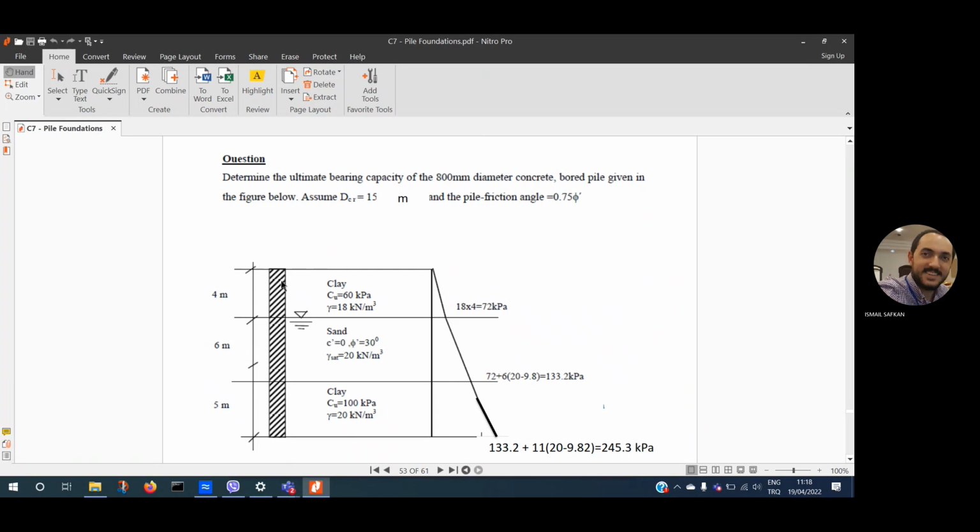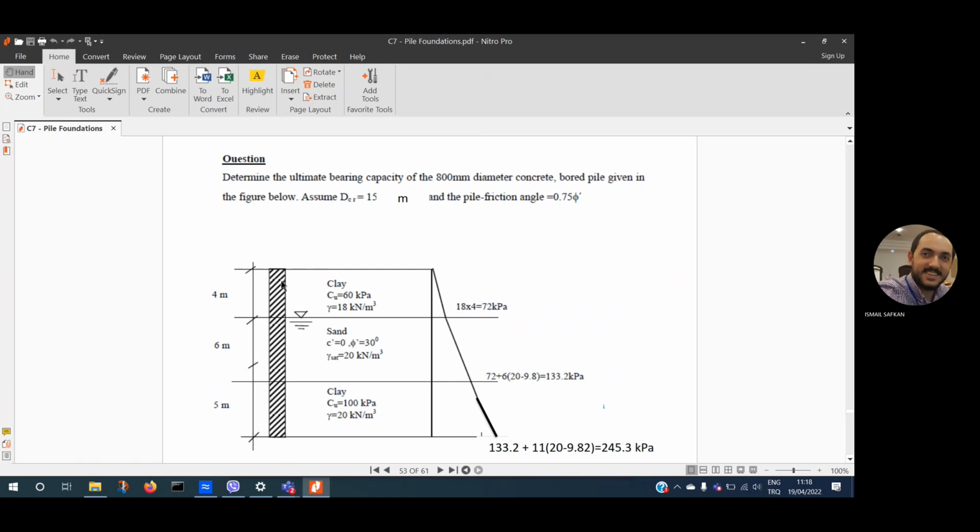Well, I can also find these properties if I know the SPT, standard penetration test result, borehole log. I know the geology, and I can correlate from SPT to Cu by using those available formulas.